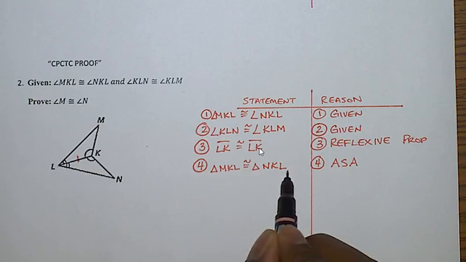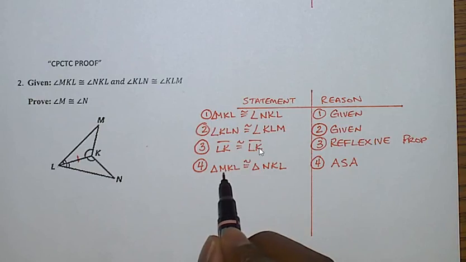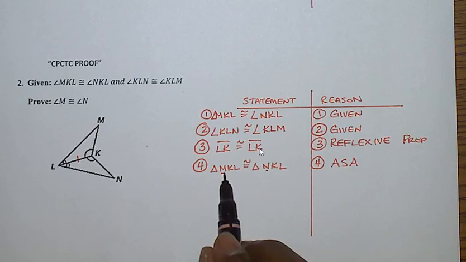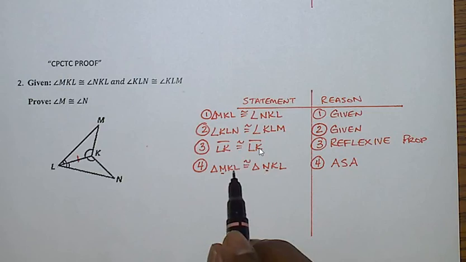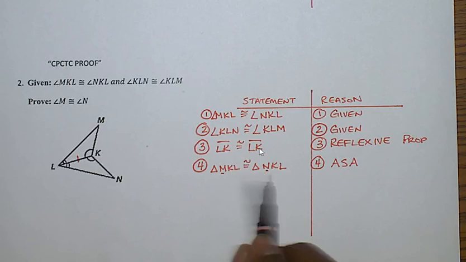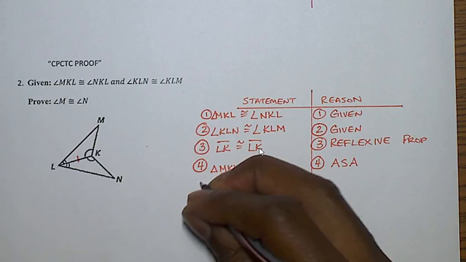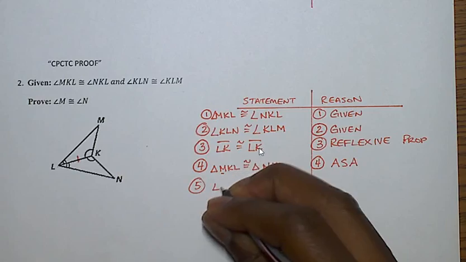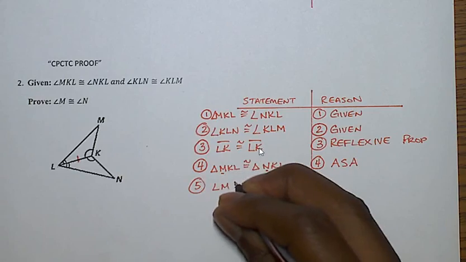And the first thing we learn in this chapter is that in our congruent statements, each angle is matched up with its corresponding angle, and each segment is matched up with its corresponding segment. So these should be equal if we're saying these two triangles are equal. Angle M then should be congruent to angle N.